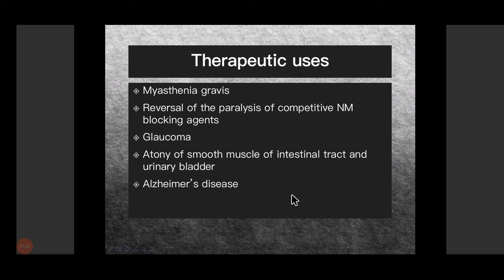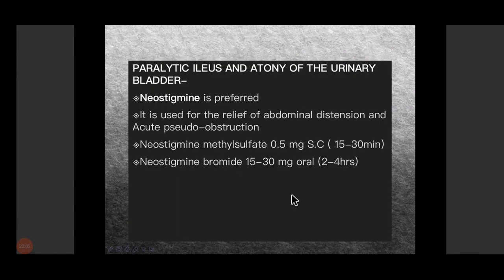They are also used in glaucoma, for the atony of smooth muscle of the intestinal tract or urinary bladder, and of course in the treatment of Alzheimer's disease. So these are the uses of cholinesterase inhibitors.